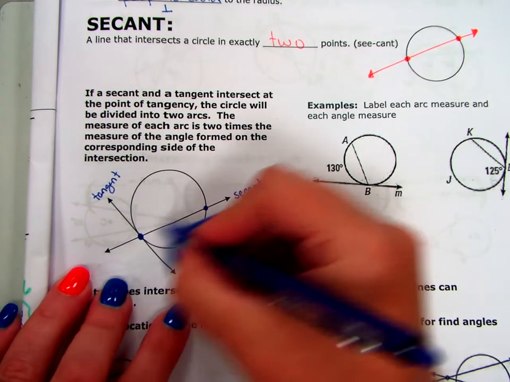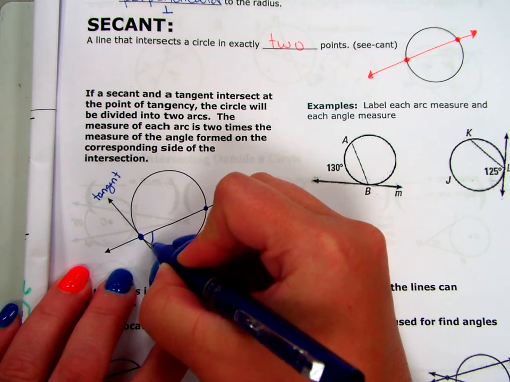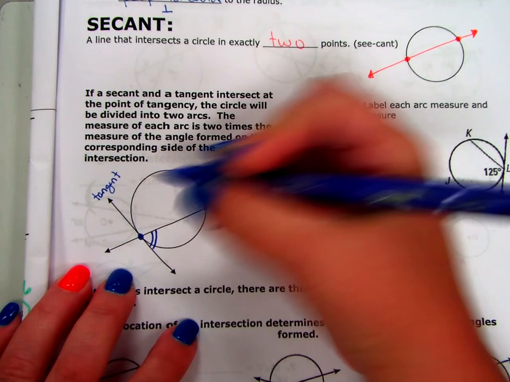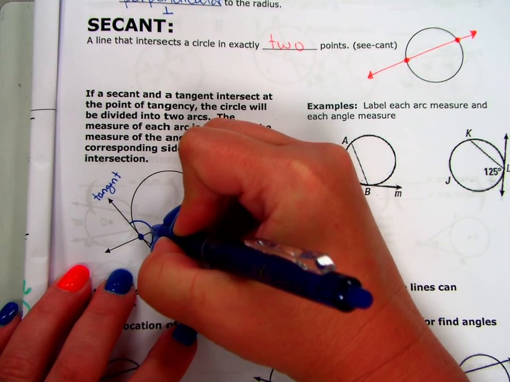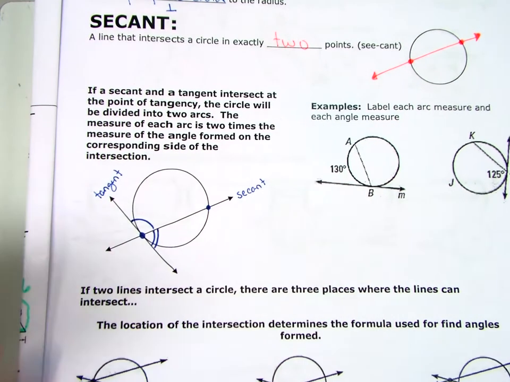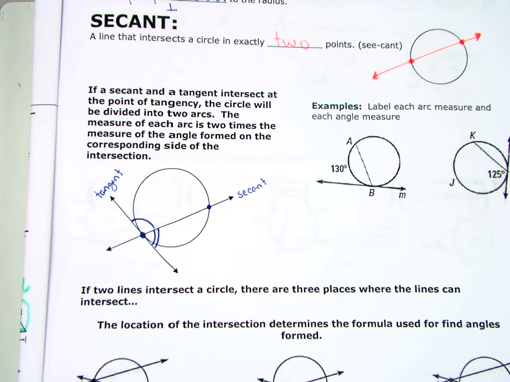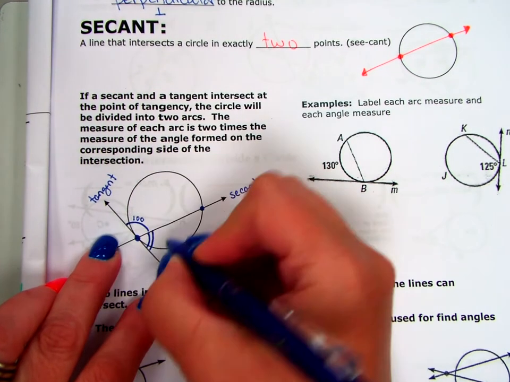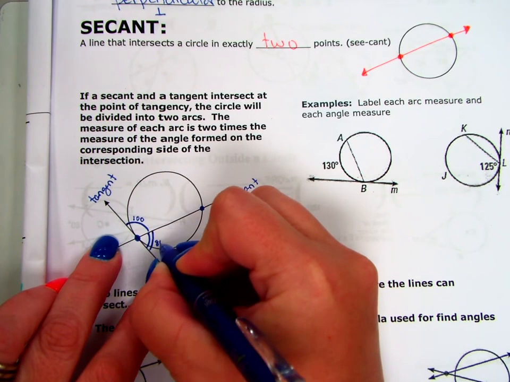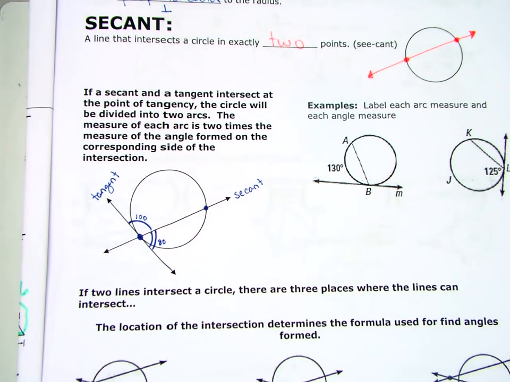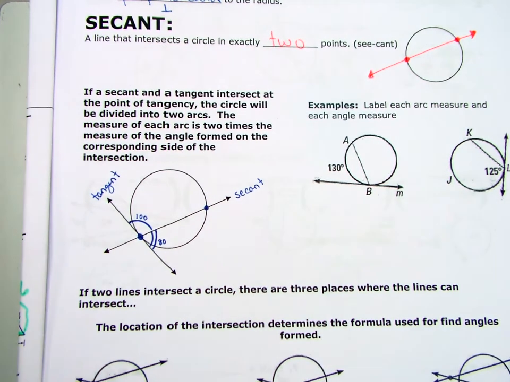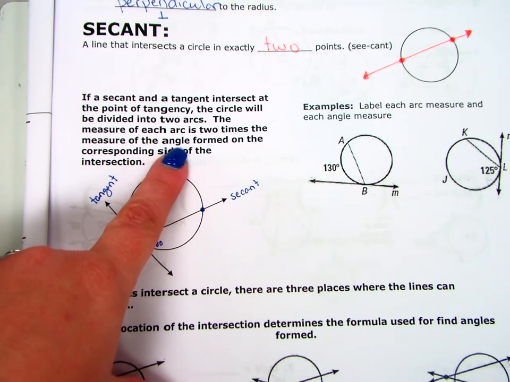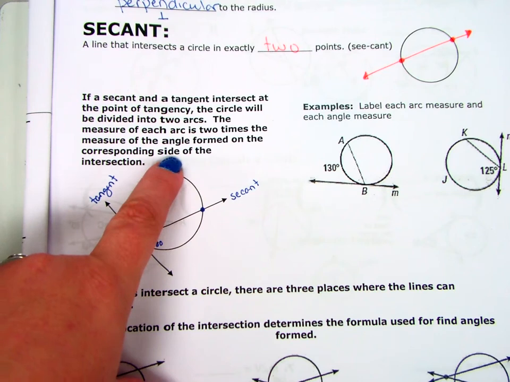We just did that math minute warm-up where we looked at linear pairs of angles. So if I look at that angle and this angle, I know together they're supplementary, right? So if this one is 100 degrees, then this one would be 80 degrees. This says the measure of each arc is 2 times the measure of the angle formed on the corresponding side.